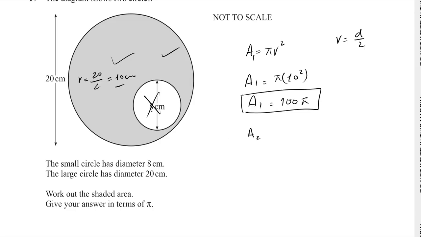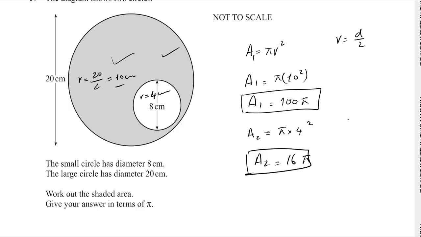And to find area 2 of the small circle, I'll write the radius equals 4 centimeter. So area 2 equals pi times 4 squared. A2 equals 16 pi.